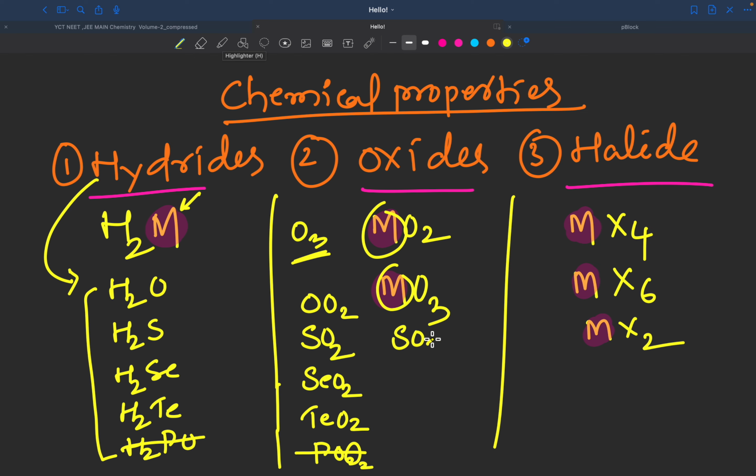Trioxides are SO3, SeO3, tellurium trioxide.